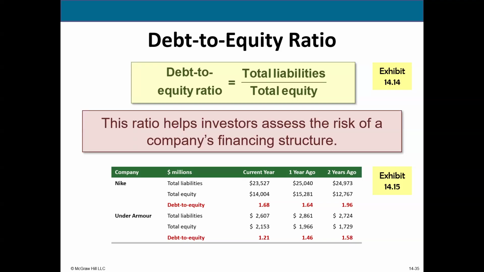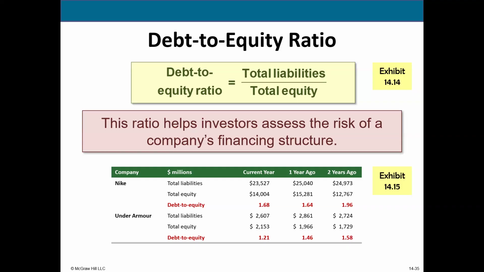Here we have an example for Nike and Under Armour and their debt to equity ratios. For the debt to equity ratio, we simply take the total liabilities divided by the total equity. Anything above one is okay.